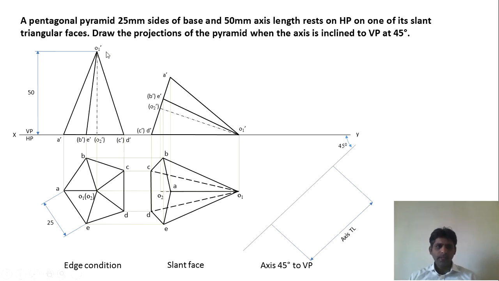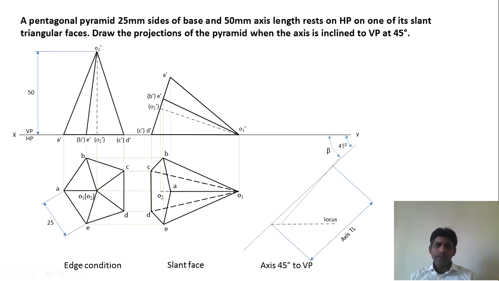I will explain. Measure O1 dash O2 dash, that is the actual length or the true length, and mark one point here and let that point be O1 dash. From that point you mark O2 dash. So this is the axis length, that is the true length of the axis. Then from there you draw an arc. Wherever the arc cuts this 45-degree line, you draw one line parallel to XY line. That is the locus.